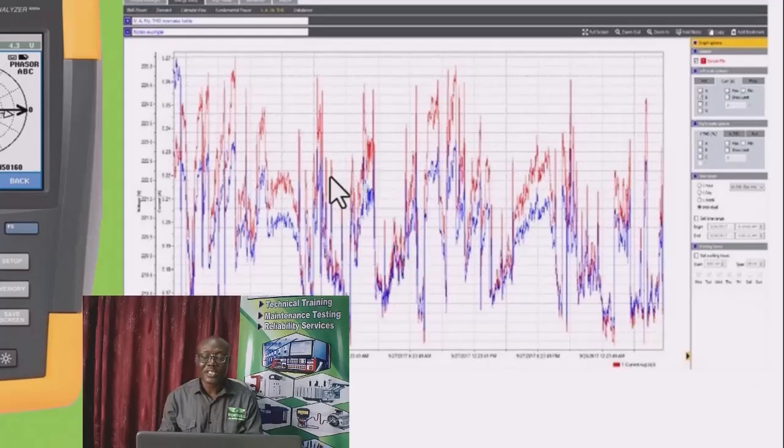To the untrained eye, it actually makes no sense. It looks confusing. Are we getting it? Remember, we have this kind of waveform because we have harmonics in the system that are distorting the normal sinusoidal waveform. What you are seeing here now is not sinusoidal.